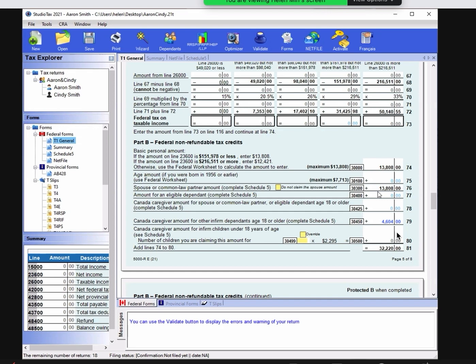But if you have children and live with somebody in a conjugal relationship, then it's common law immediately. You don't need to wait 12 months.